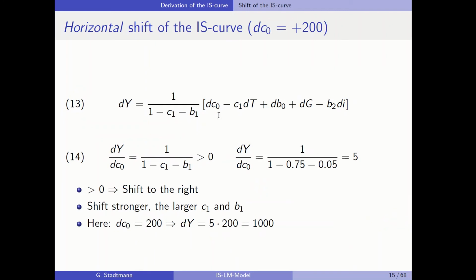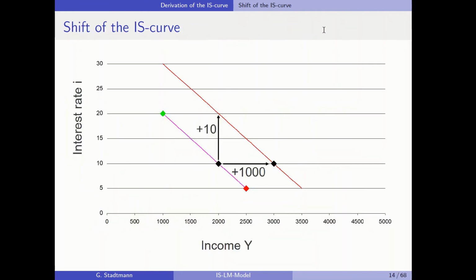Let's talk about the horizontal shift of the IS curve, in case the autonomous component of consumption increases by 200 units. We have to think about what changes here, what are we interested in. We know that the shock is the autonomous component increased by 200 units, and we want to find out how much income increases here.